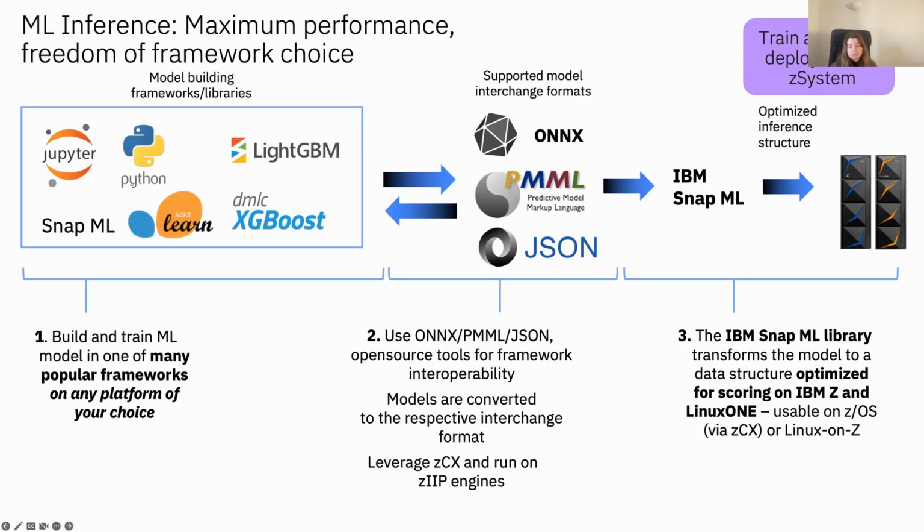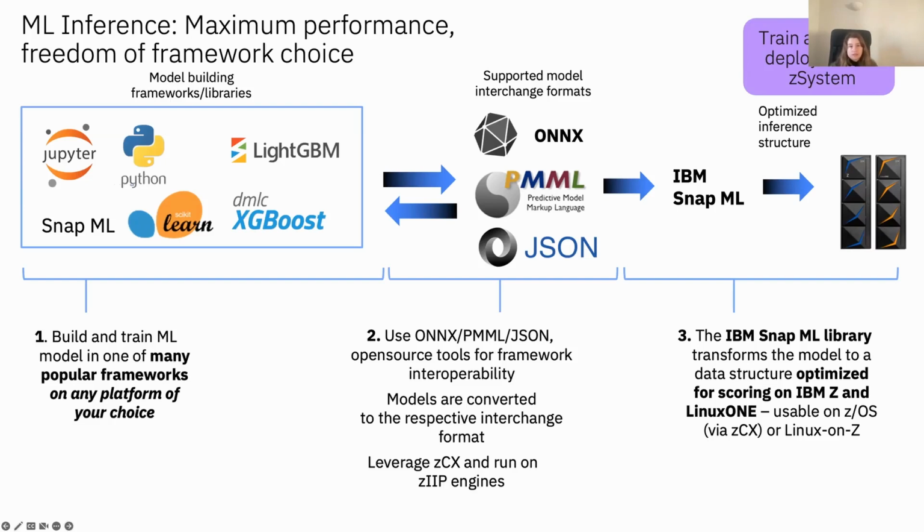However, we do recognize that data scientists can train their model on many other platforms of their choice. So the idea was to make sure that the models that have been trained on other platforms can run on Z for real-time inferencing.